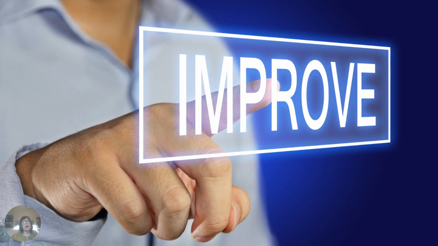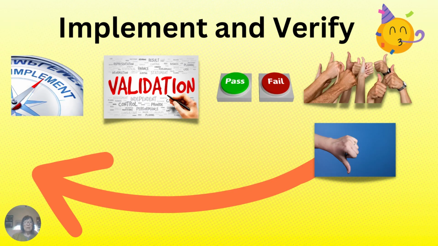Improve is the I in DMAIC. So now that we have identified our solution, we have to be able to implement and verify. There's a whole process involved in creating an implementation plan. You've got to identify the who, what, where, when, how.